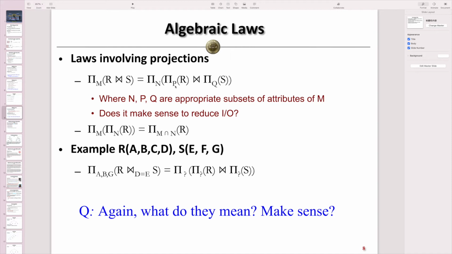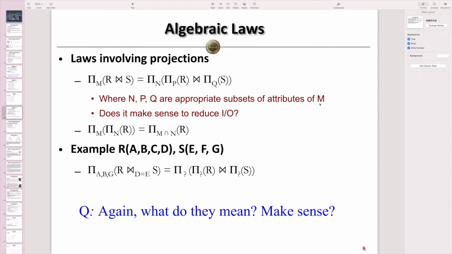Projection P denotes a subset of attributes on the relation R, which joins with the projection Q, also denoting a subset of attributes of the relation S. Here M, P, Q are all sets of attributes. Specifically, P and Q cover some appropriate subset of attributes from the set M.